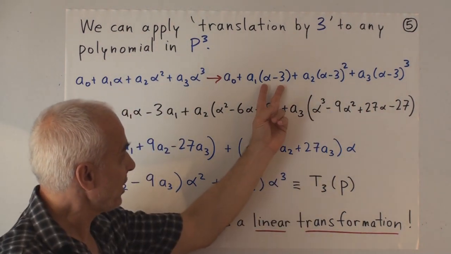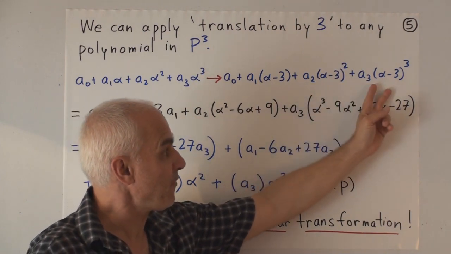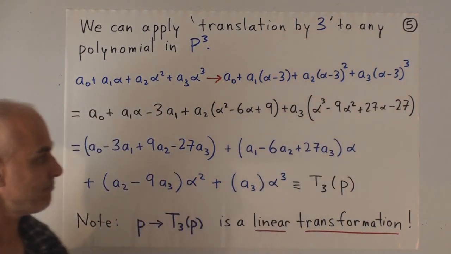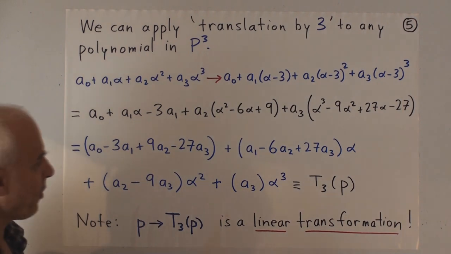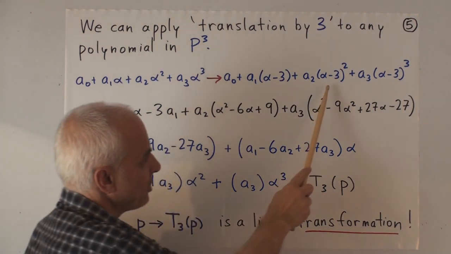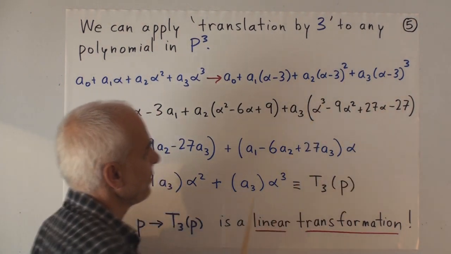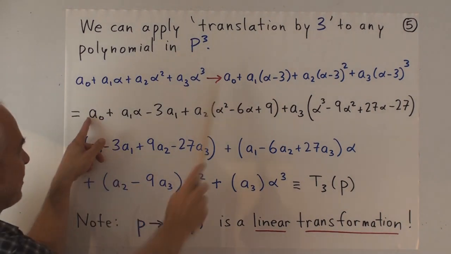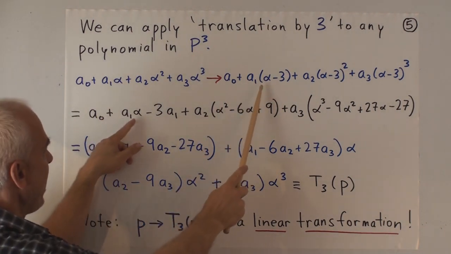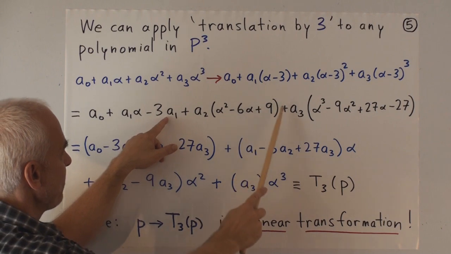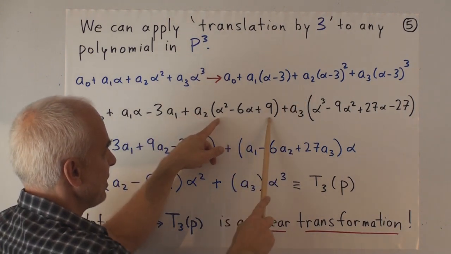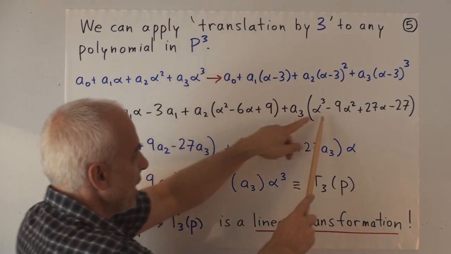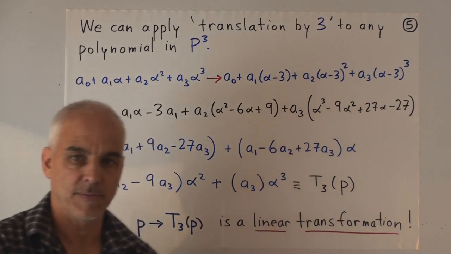So there's an alpha minus 3 there, an alpha minus 3 squared, and an alpha minus 3 cubed. So when we expand it out, we have to remember how to expand out a power. So we get the a0 there. This is a1 alpha minus 3 a1. Here we have a2 times alpha minus 3 squared. And here is alpha minus 3 cubed.